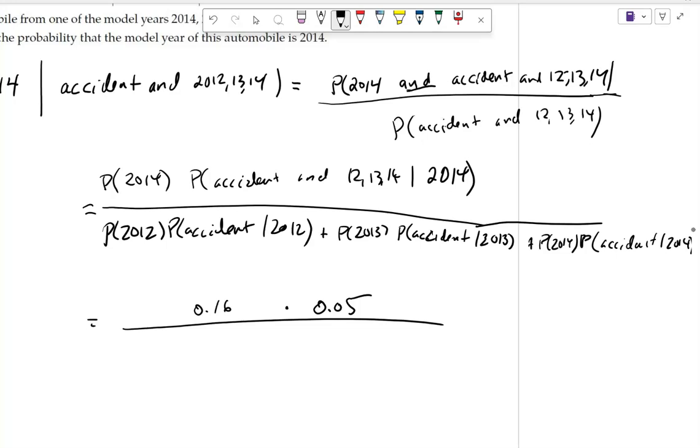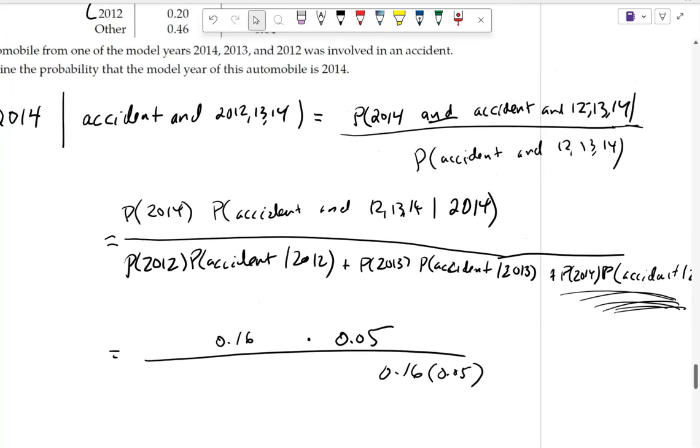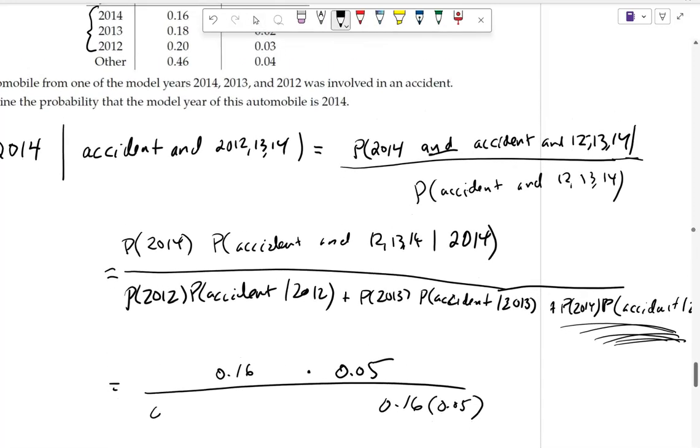And again, notice that this piece right here that I'm underlining is going to match what's in the numerator, right? That last piece is going to be the 0.16 times 0.05. What are the other two pieces going to be? So the 2012 is 0.2 times 0.03, which is what you said. And the 2013 was 0.02. Yep.